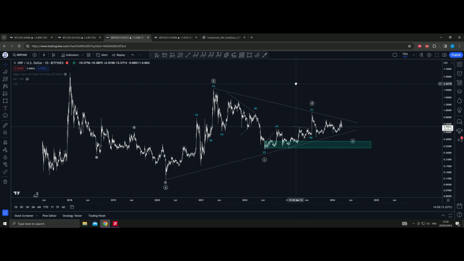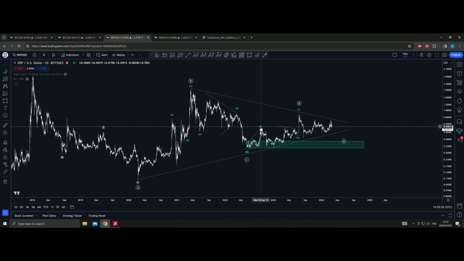Every time XRP moves, there is a drop or a rise, and then there's a sideways, and there's a drop again. There's a rise, a sideways, and a rise again. A drop, a sideways, and a drop. A rise, a sideways, and a rise.